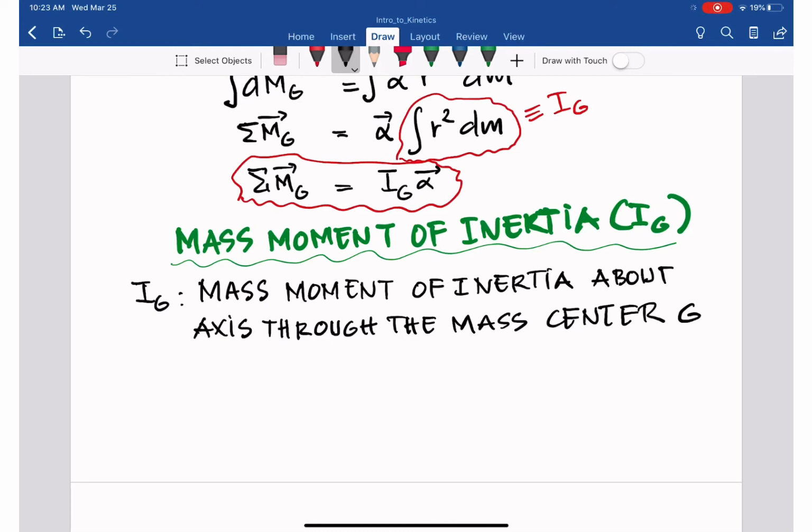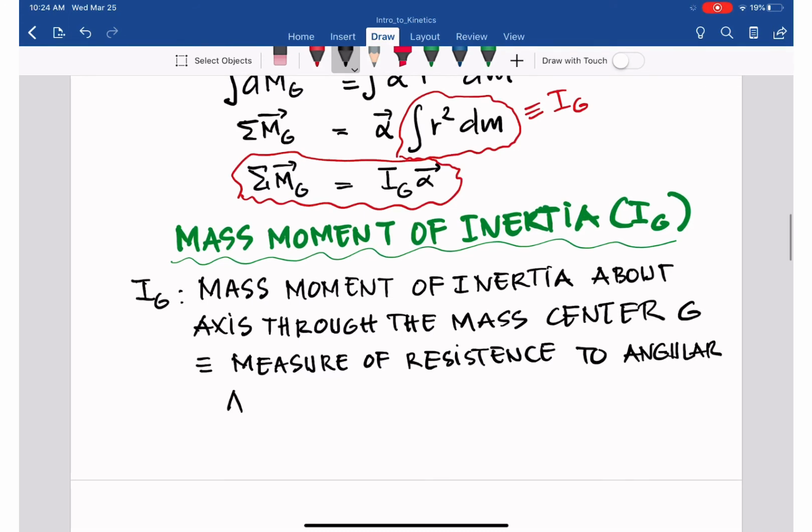And how will that be measured? It basically measures the resistance to angular acceleration. Key point here: resistance to angular acceleration.